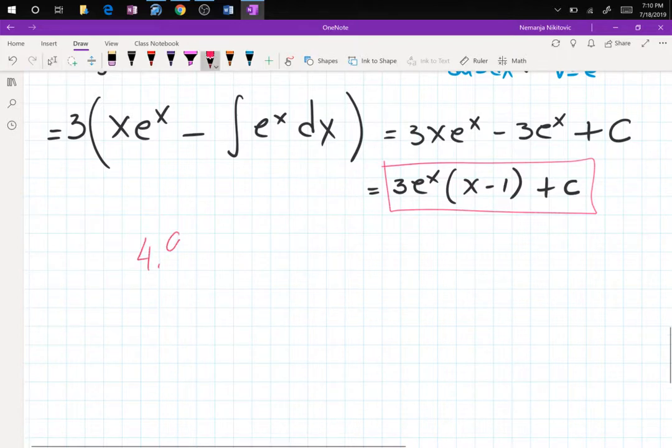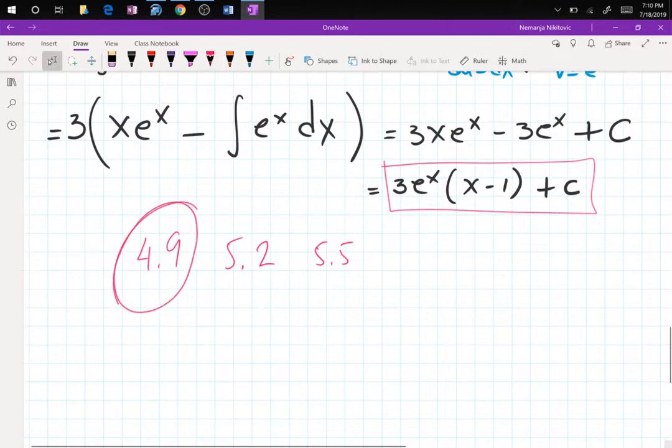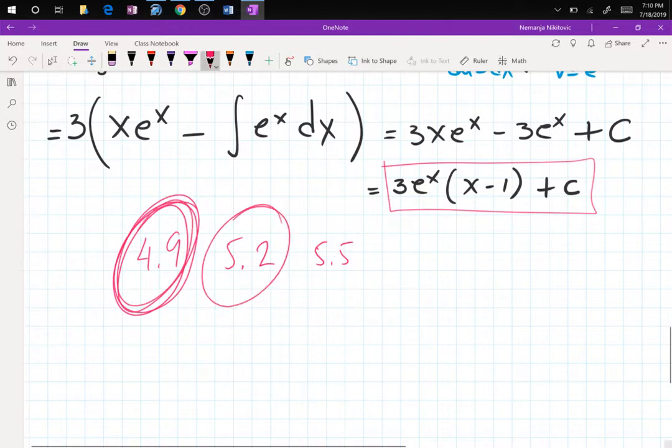I told you 4.9, 5.3, no, 5.2, and 5.5. Those are the study plan sections that you can practice from Calc 1 to learn basic integrals, definite integrals, and u sub.